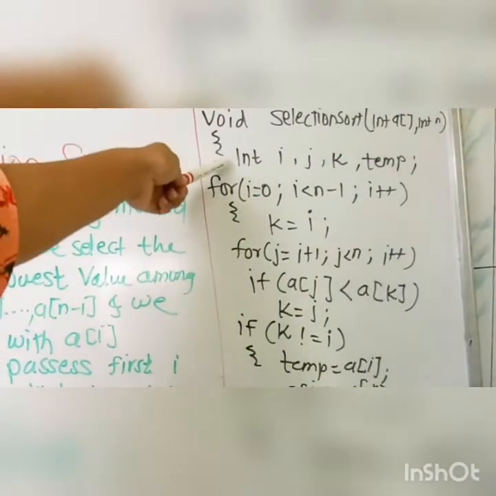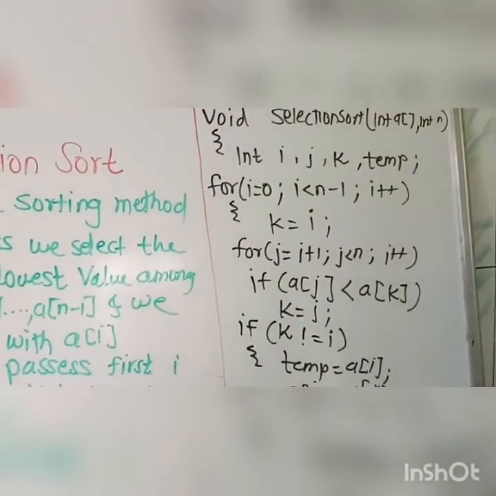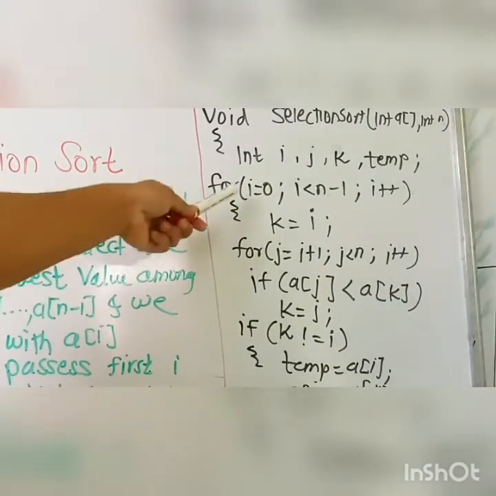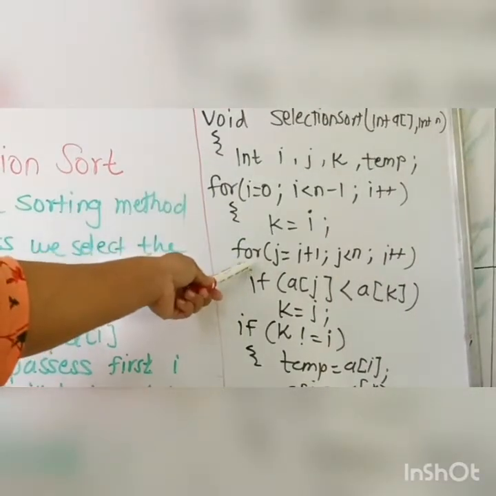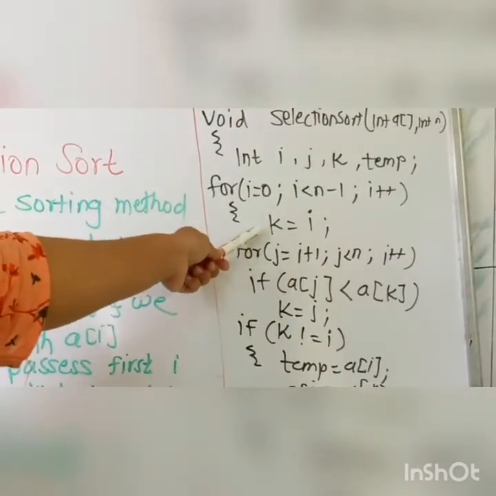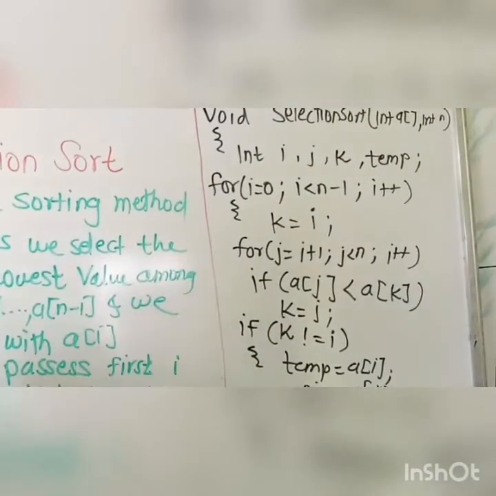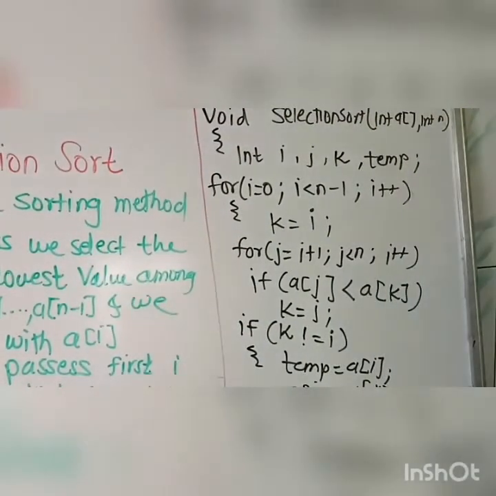Here integer i, j, k and temp are the temporary variables used to handle the swapping process. i is for the outer loop, j is for the inner loop, k is for temporarily holding the element, and temp is the variable actually doing the swapping.